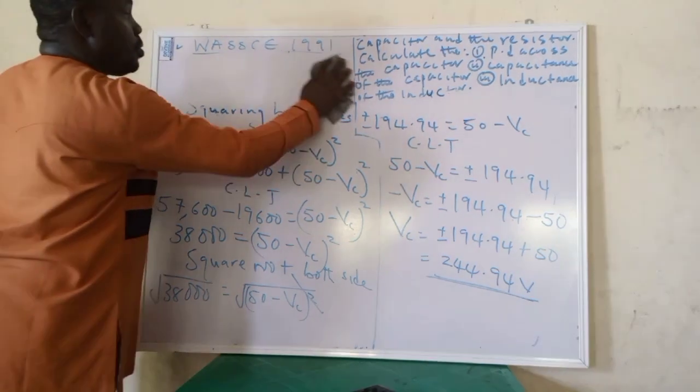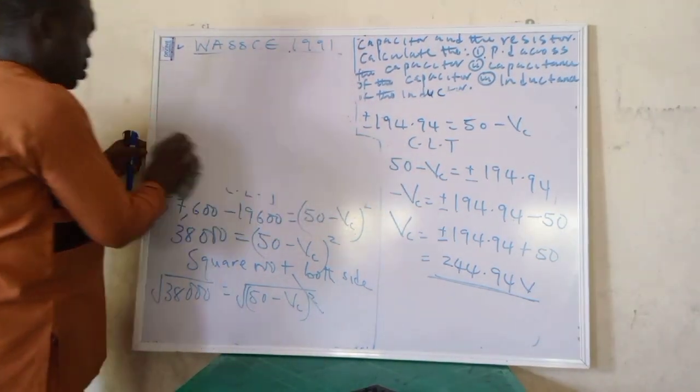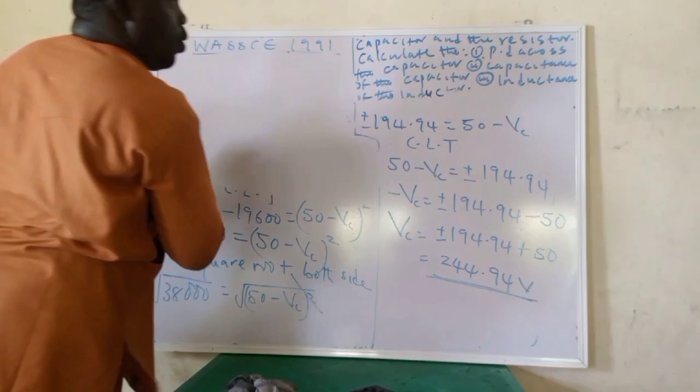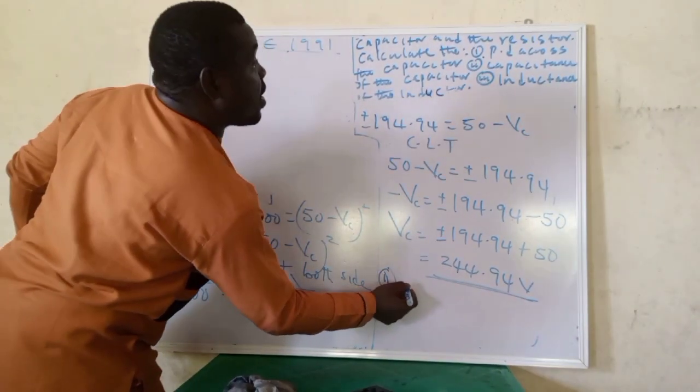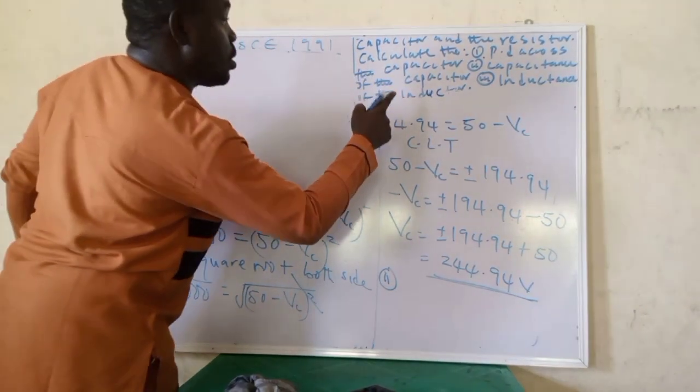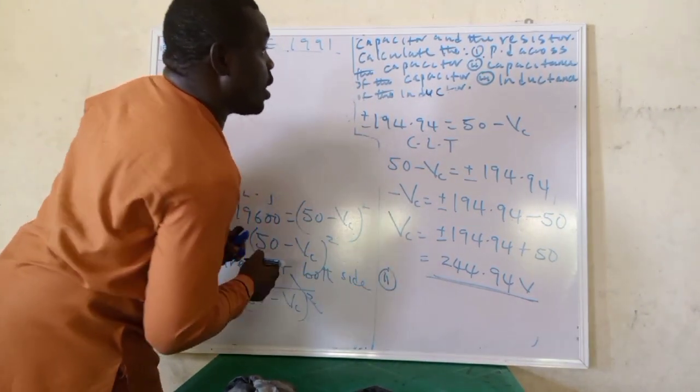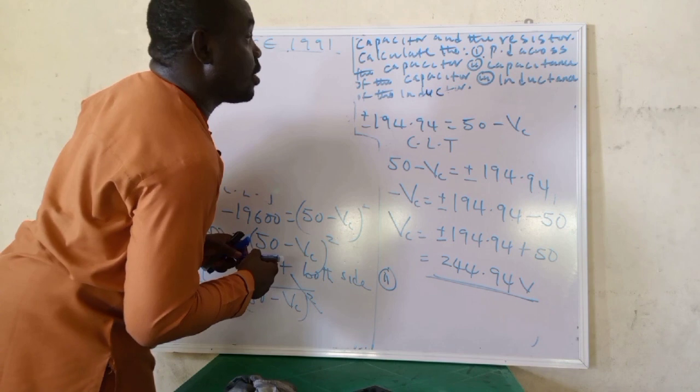We have done one. So we are going to two. What's that now? Okay. What's the formula, please?